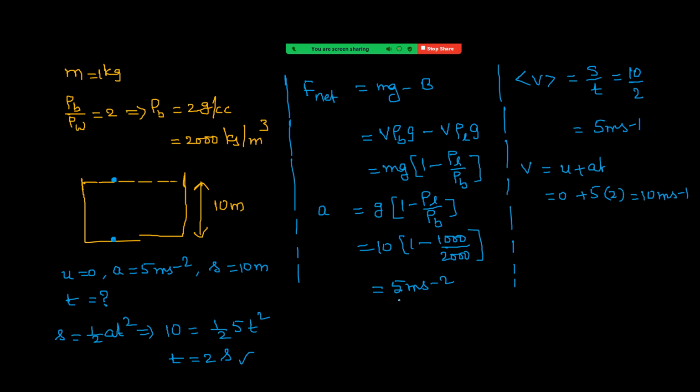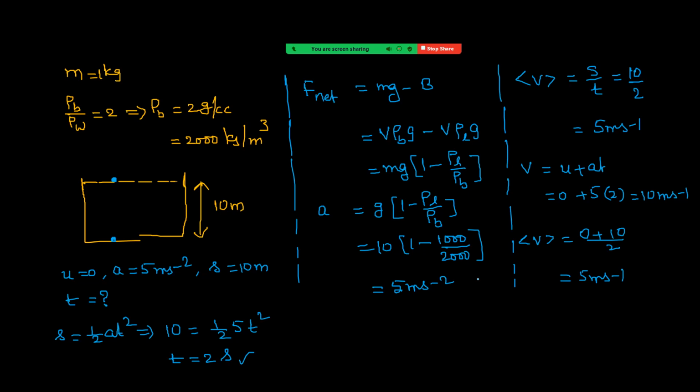Since acceleration is a constant, that means velocity is changing linearly. So whenever a quantity changes linearly, its average value will be initial value plus final value by 2. Using that logic here, it is now 5 meter per second. Okay. Like this, we can expect many questions basing on kinematics.